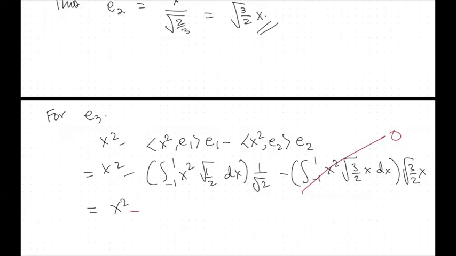This is just 1/3. Here we get x raised to 3 over 3. And then let us compute this. This is 1 over 2.